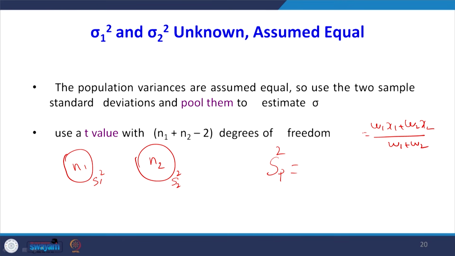For sample 1 the degrees of freedom is n1 minus 1, and the variance is S1 square, plus for sample 2 the weightage is the corresponding degrees of freedom times S2 square. Next we sum the degrees of freedom, n1 minus 1 plus n2 minus 1, which is n1 plus n2 minus 2. So, this is the pooled variance.